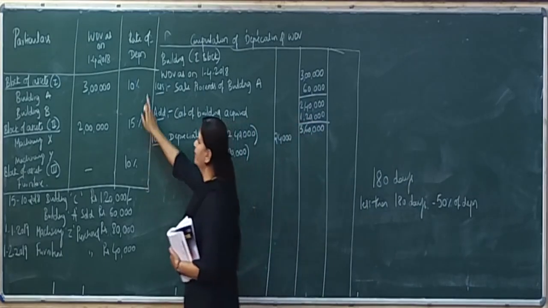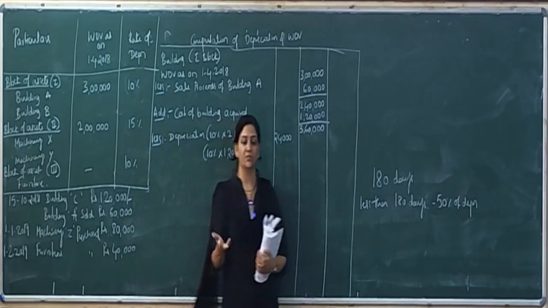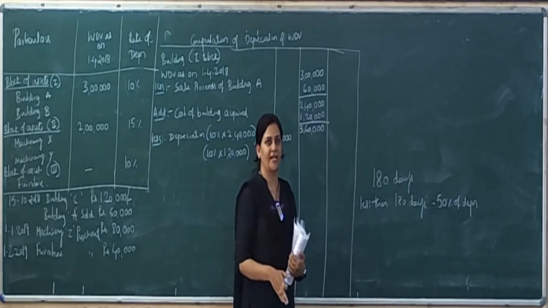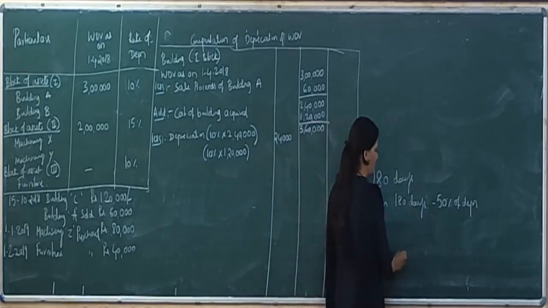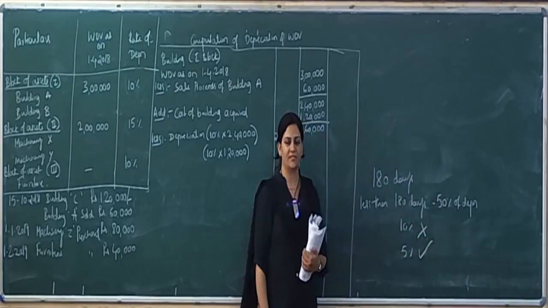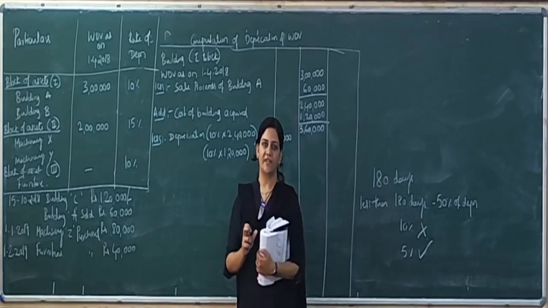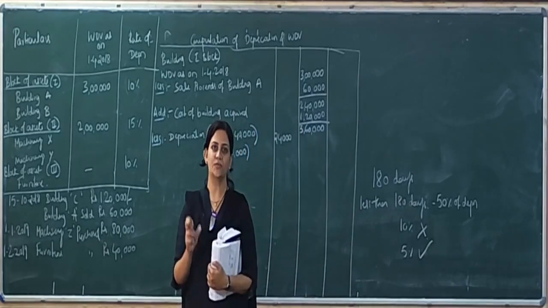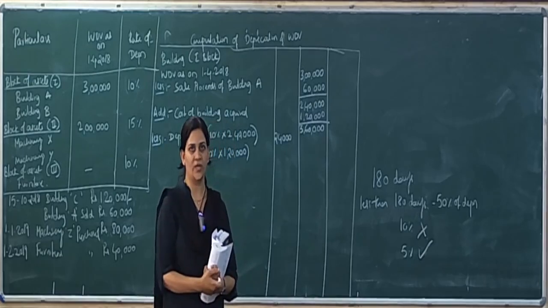For example, here the rate of depreciation is given as 10%. Assume that it is put to use for less than 180 days. In that case, we are not going to provide 10%, but 5% as depreciation, because the number of days for which the asset is used is less than 180 days.